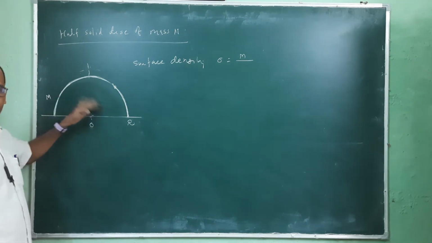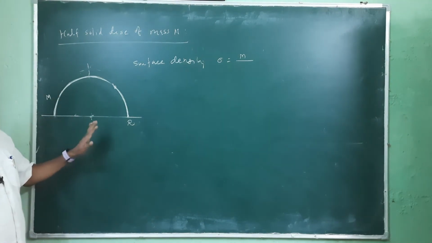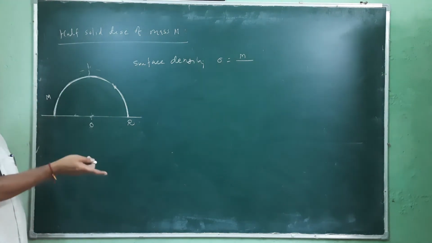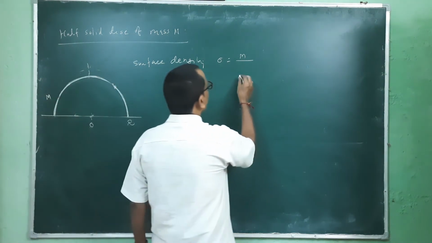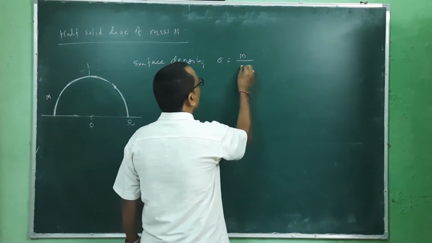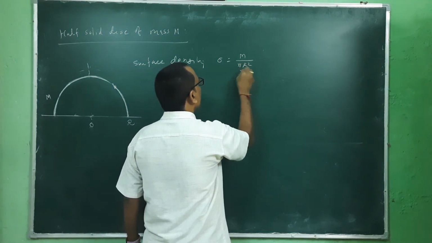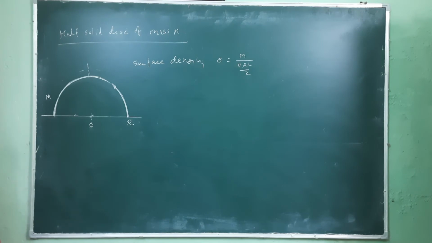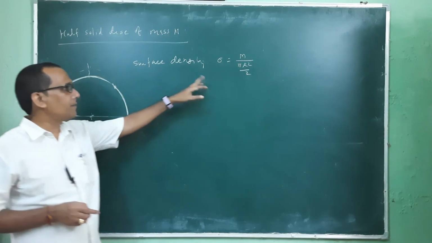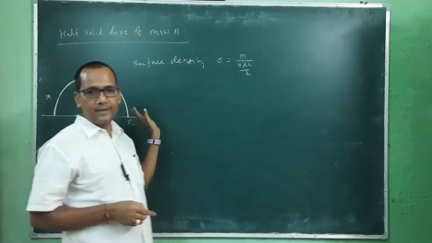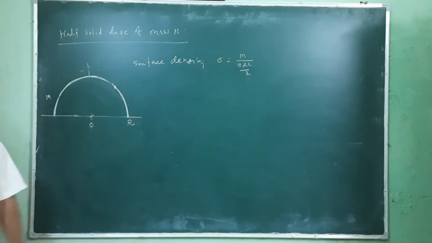We have to calculate the area. The total area is pi r square, but we just have to take half of it. So the first part is just to calculate that surface density. Surface density is mass upon area. Half circular disc is here, so the area is pi r square by 2.